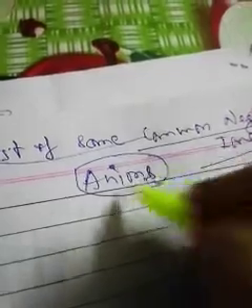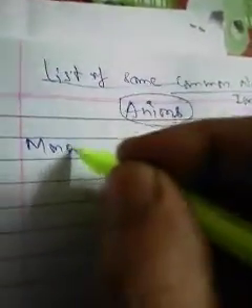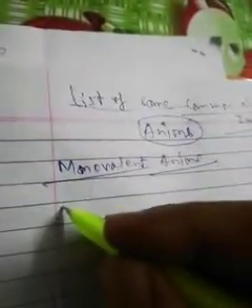Anions are those ions which are attracted towards the anode, so they are called anions. These are negative ions, and they are also charged. For example, monovalent anions.